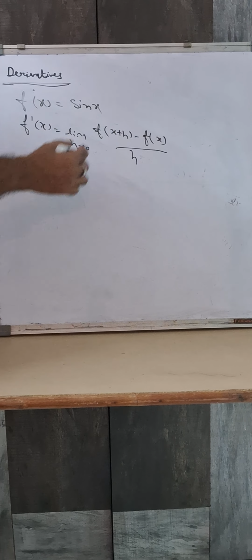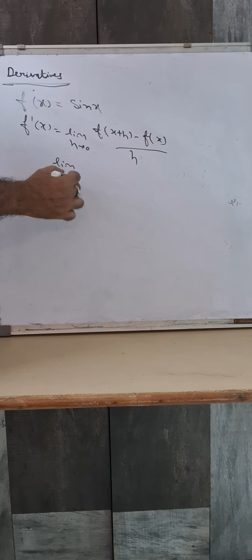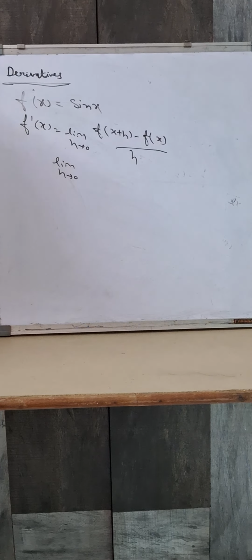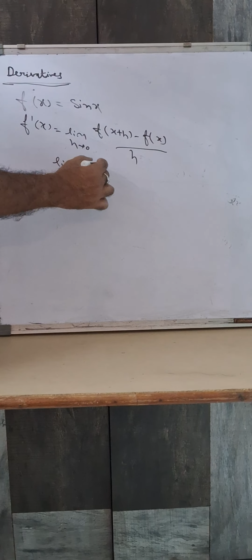So substitute x by x plus h. So limit h tends to 0 of [sin(x+h) minus sin x] upon h.